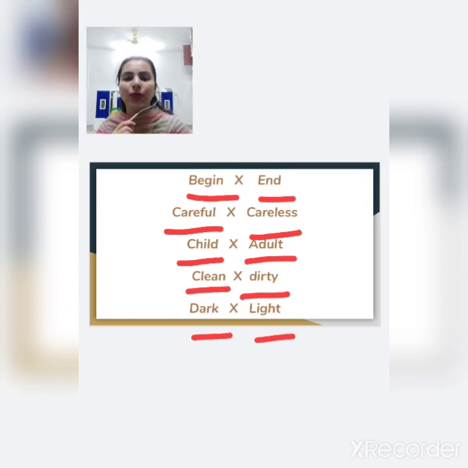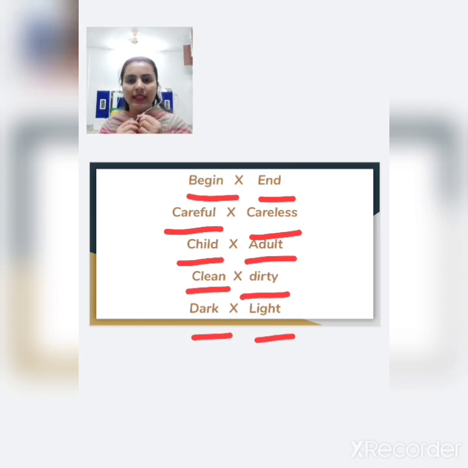Now, repeat one more time. Begin, and the opposite of begin is end. That means finish. Next is careful, and the opposite of careful is careless.